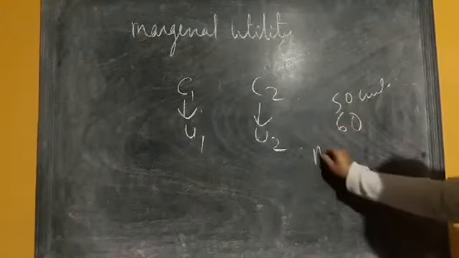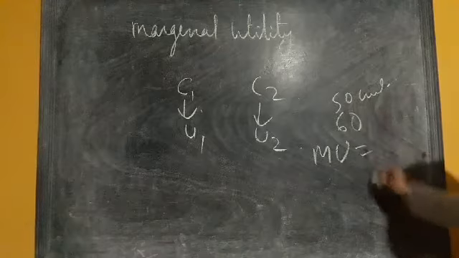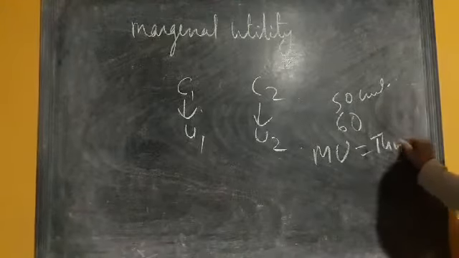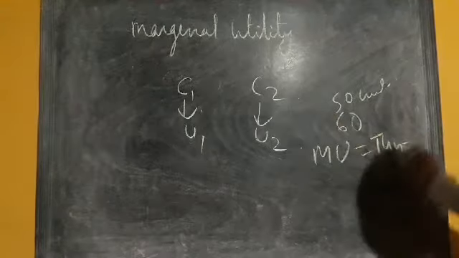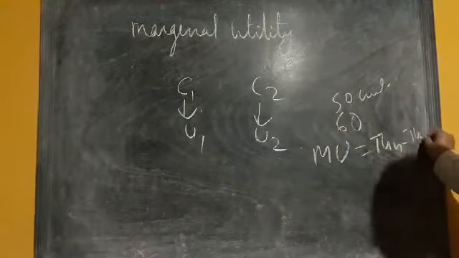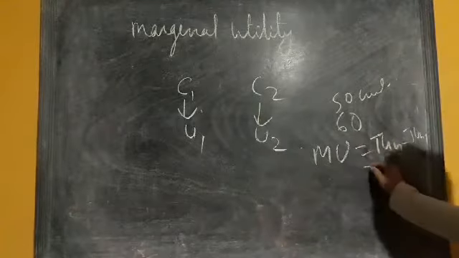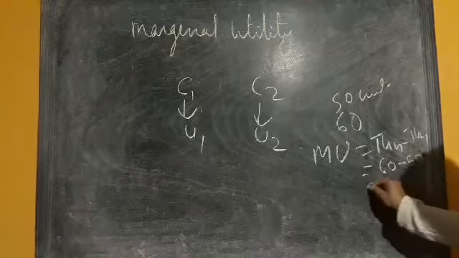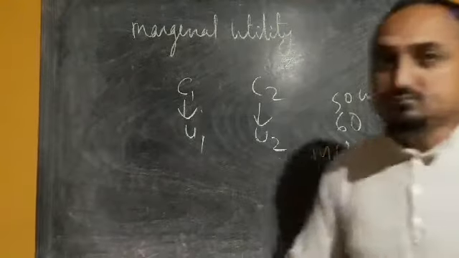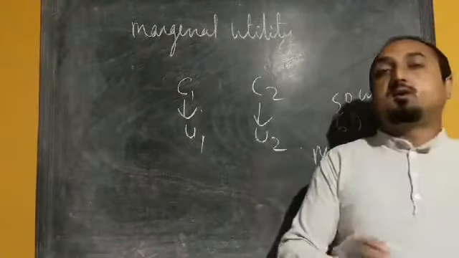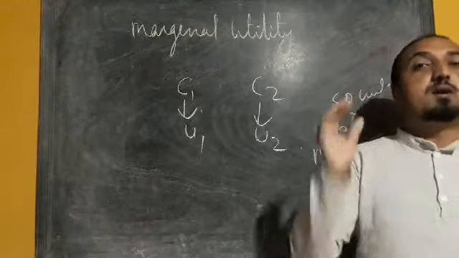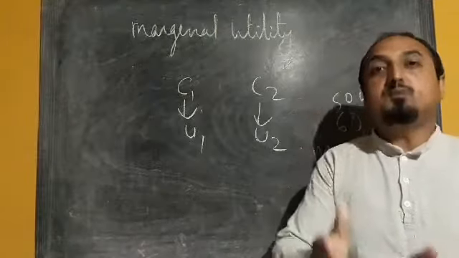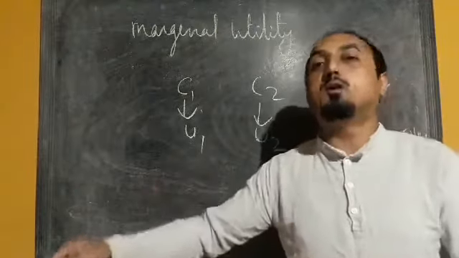Now when you are asked to find marginal utility, MU equals TUn, total utility from the nth item, minus TUn-1, total utility from the previous item. So here marginal utility will be 60 minus 50, which is 10.